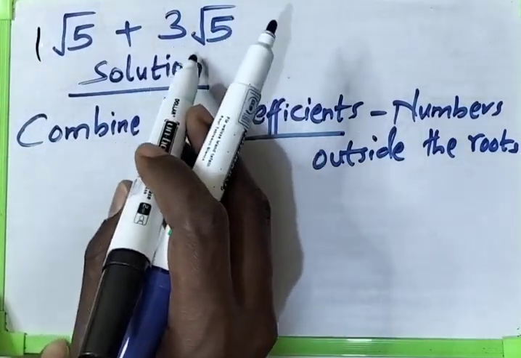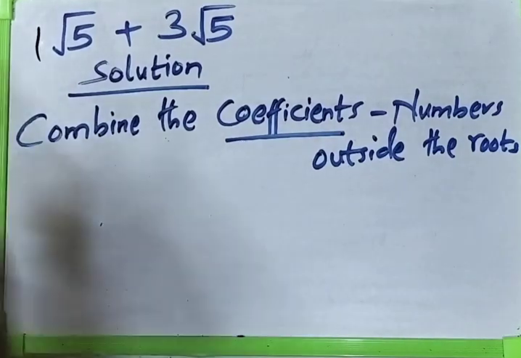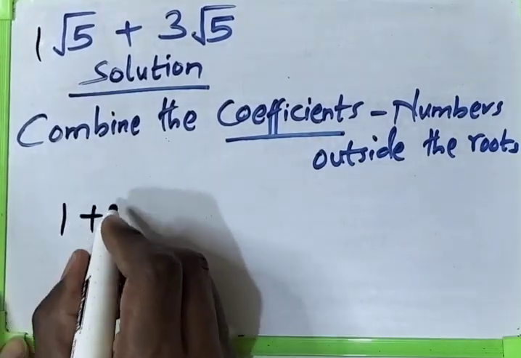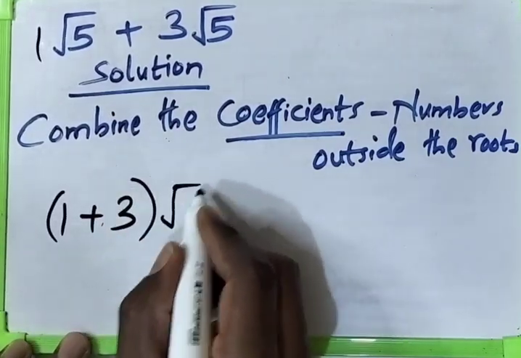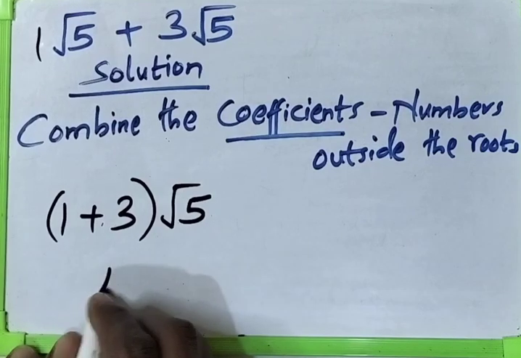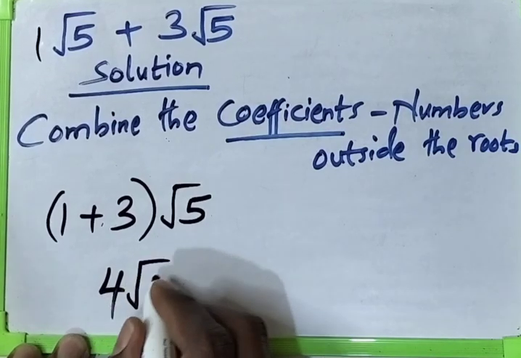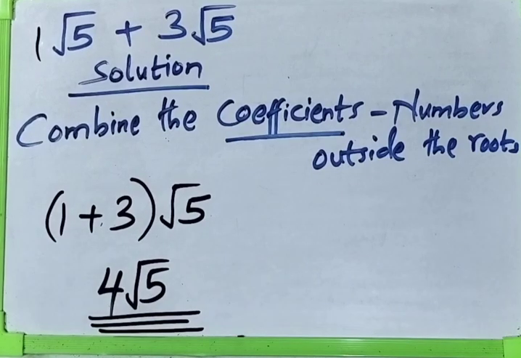So we combine 1 plus 3, bracket, root 5. 1 plus 3 is 4. This is 4 root 5. That is the answer to our problem.